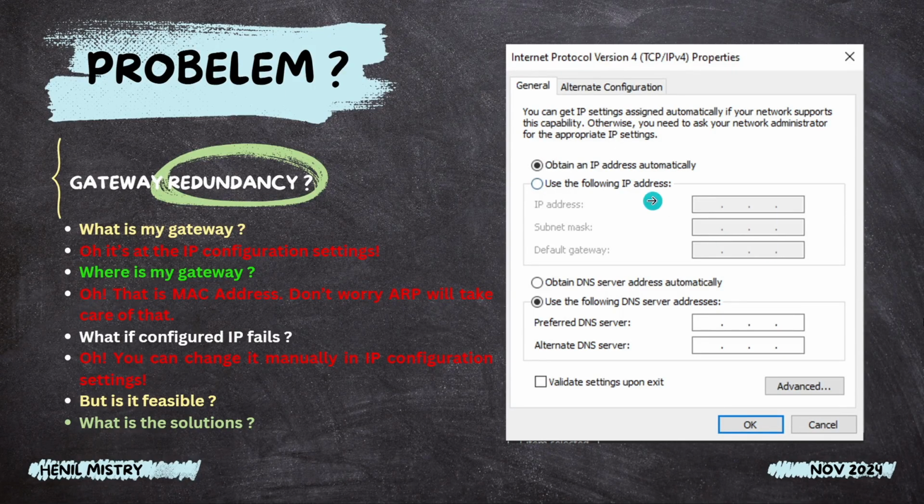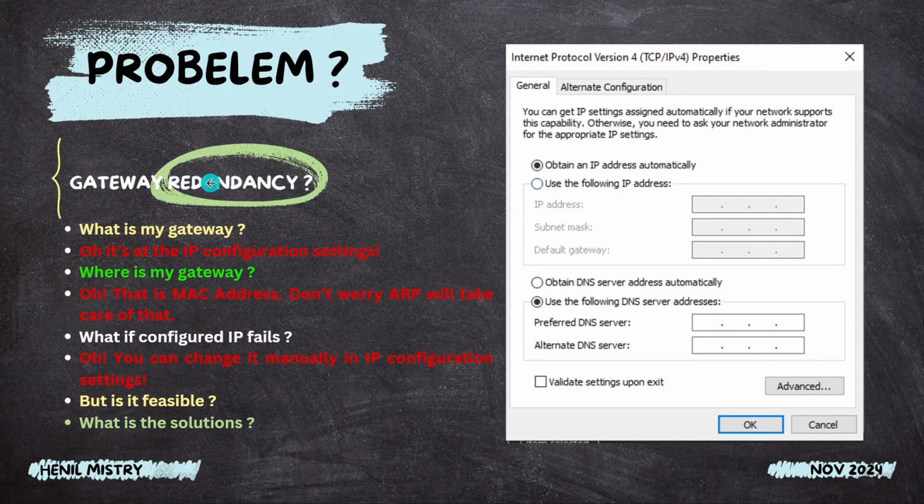Your system knows that it needs to contact your gateway IP configured over here, because the subnet mask will not match your network. That is the reason for the packet to carry the gateway IP.